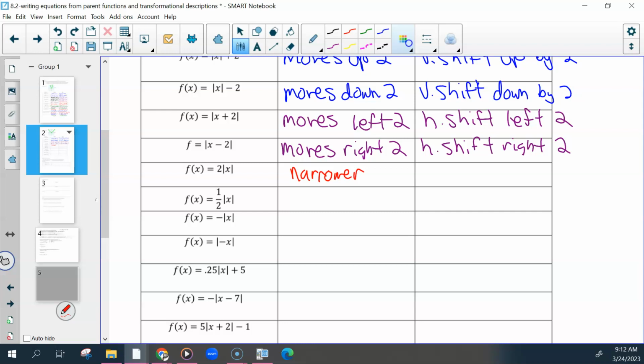Not horizontal, vertical. Vertical stretch, yes. By how much? 2. The next one. Got wider. And what would that rule be? Vertical compression. Vertical compression by 1/2. The next one.